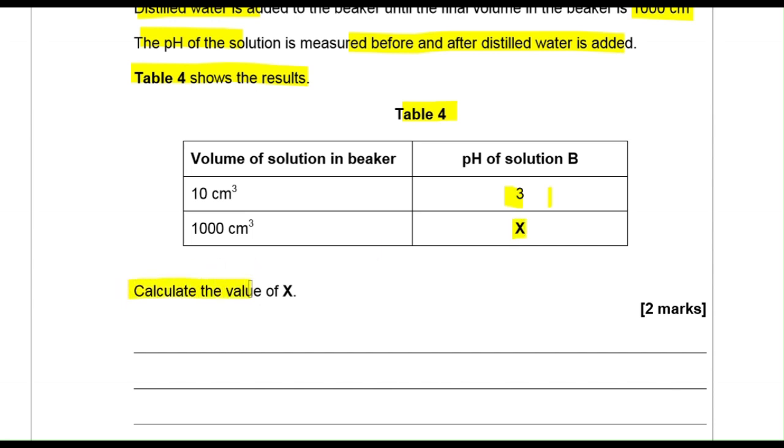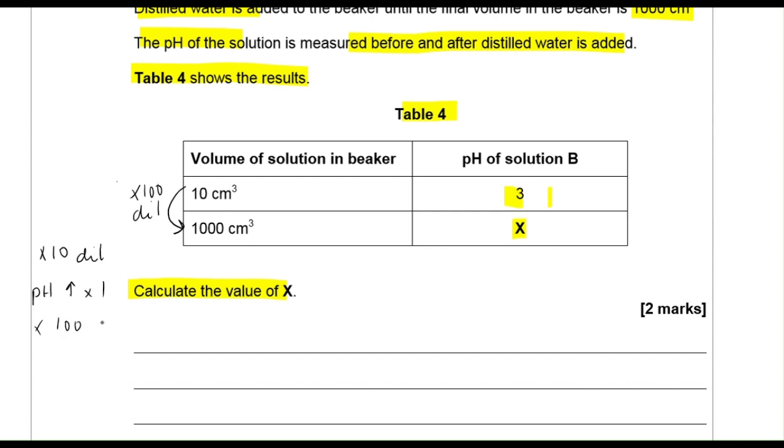The first thing we look at is this number here from 10 centimetres cubed to 1000. That works out at 100 times dilution. So the original 10 centimetres cubed has been diluted 100 times. When you dilute an acid by 10 times, the pH goes up by 1. So by very definition, if you dilute by 100 times, the pH number must go up by 2.